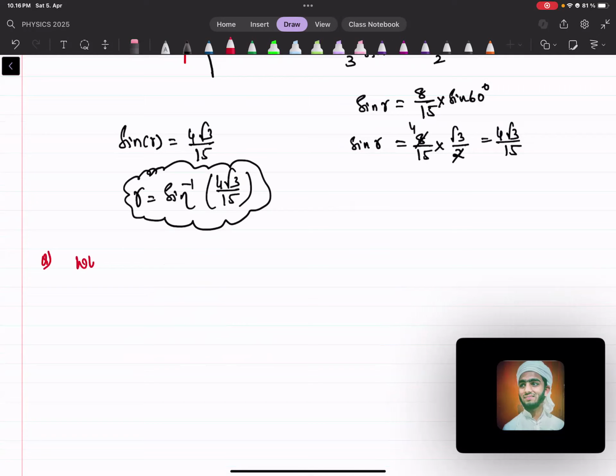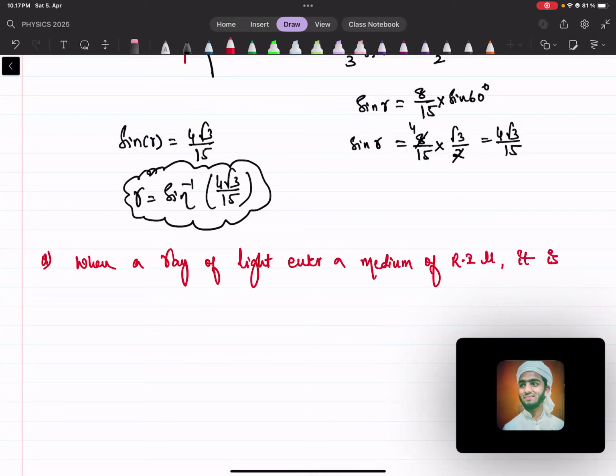Say for example, when a ray of light enters a medium of refractive index, say mu.